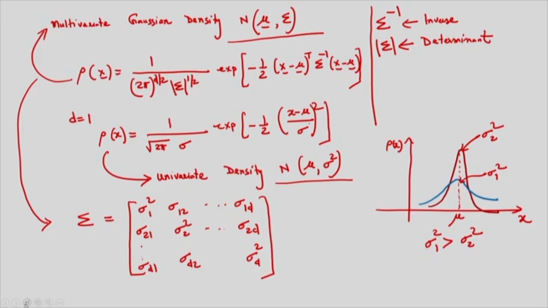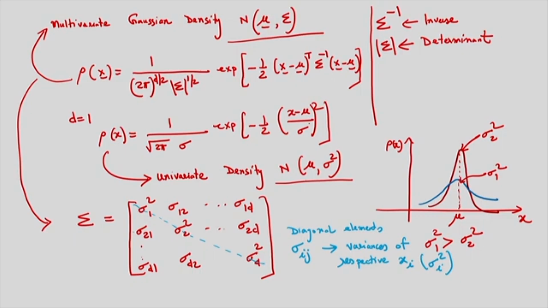The diagonal elements of this covariance matrix are the variances of the respective xi, that is sigma i square.